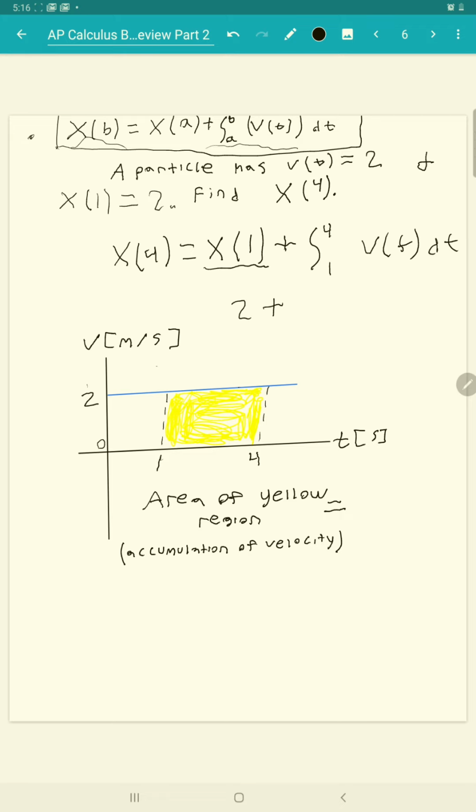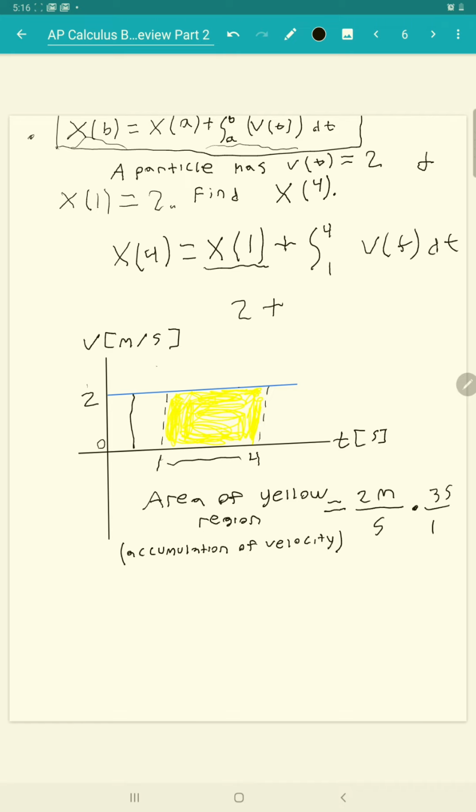And we can just find the area under the curve. That is what this area of the yellow region represents on this velocity graph. Since the integral is the area under the curve, we are finding the area under this curve of 2 from 1 to 4. So let's find this area. It's simply a rectangle. We are multiplying 2 meters per second, because that is this length, times 3 seconds.